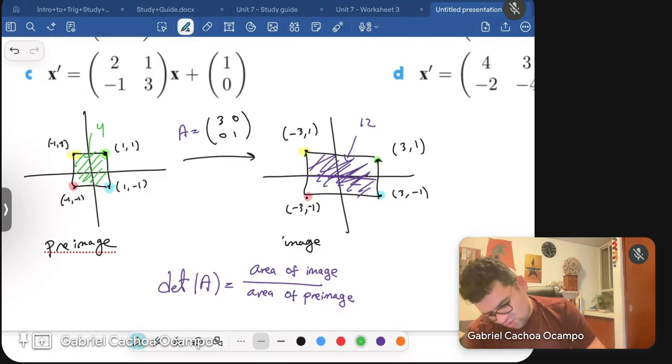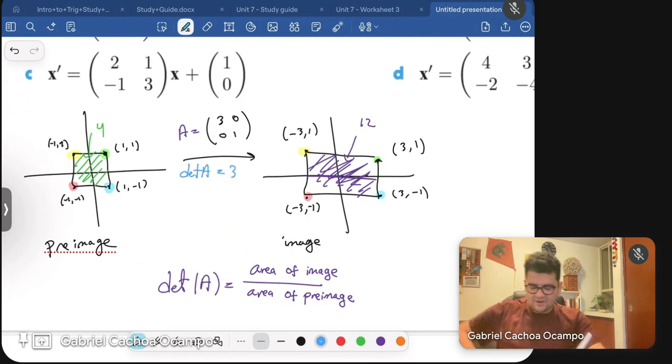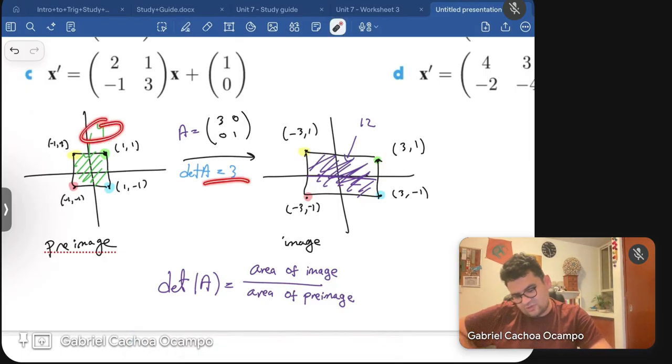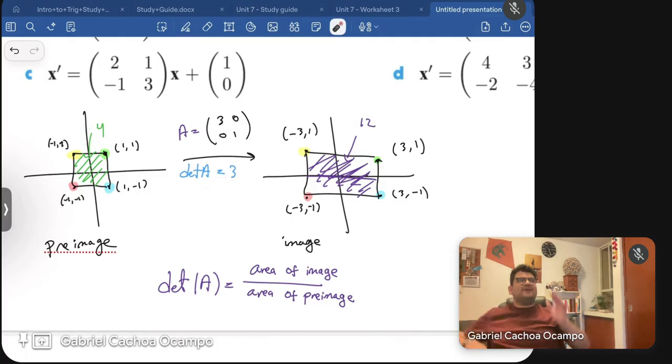Okay, what is the determinant of A? The determinant of A, you can see 3 times 1 is 3. So, how is the area changing? Well, I do 4 times 3 equals 12. A ver, what type of questions could I ask you? What you need to identify is that this matrix is changing the area of the shapes.